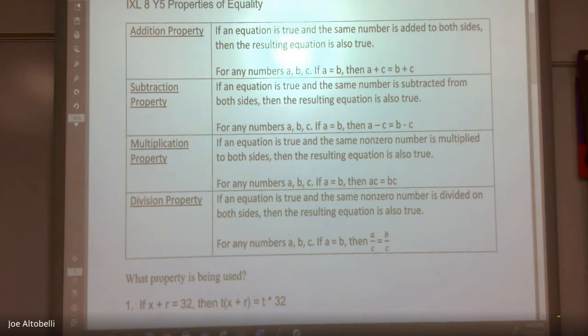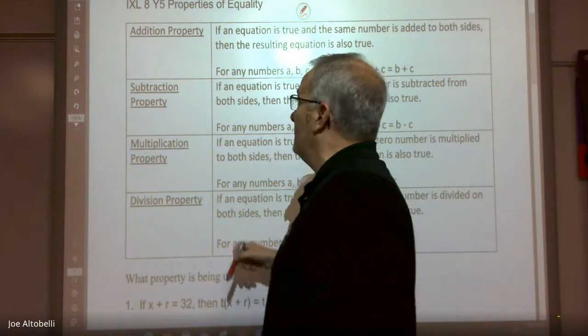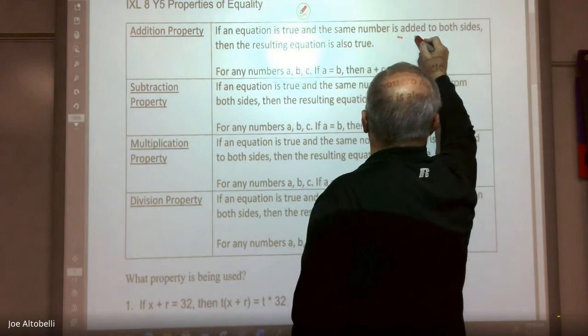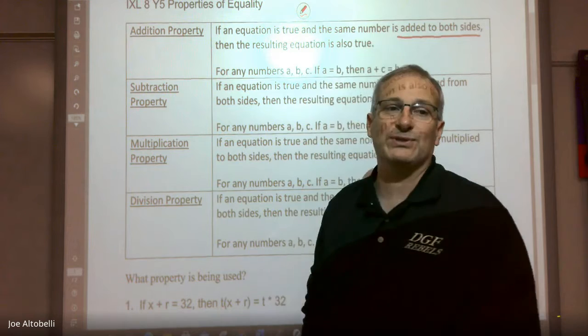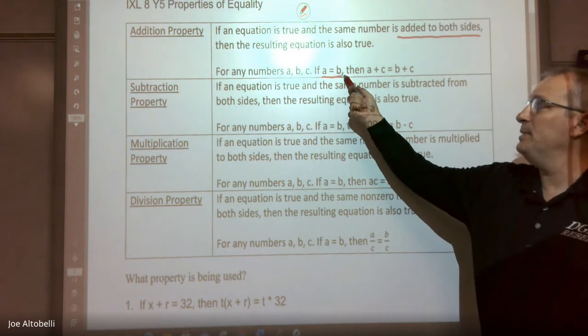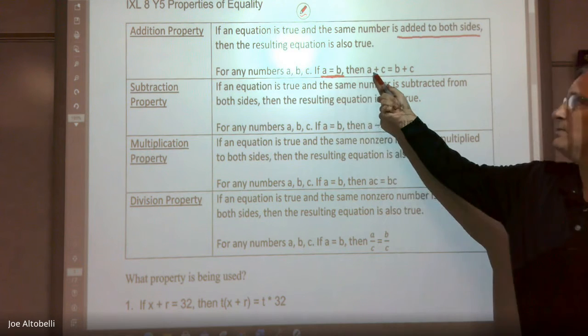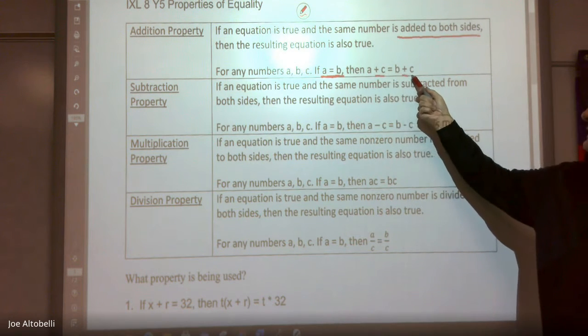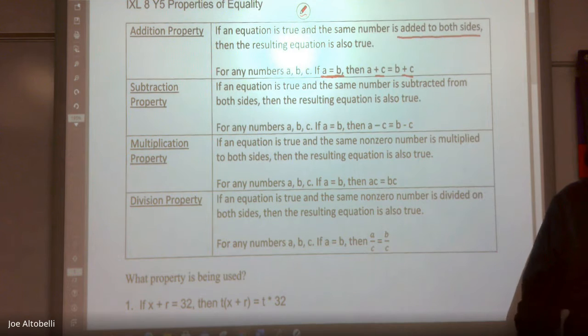All right. So we have the addition property. A lot of words, but what it really means is we're adding something to both sides. So if we have A is equal to B, notice we are adding C to both sides.